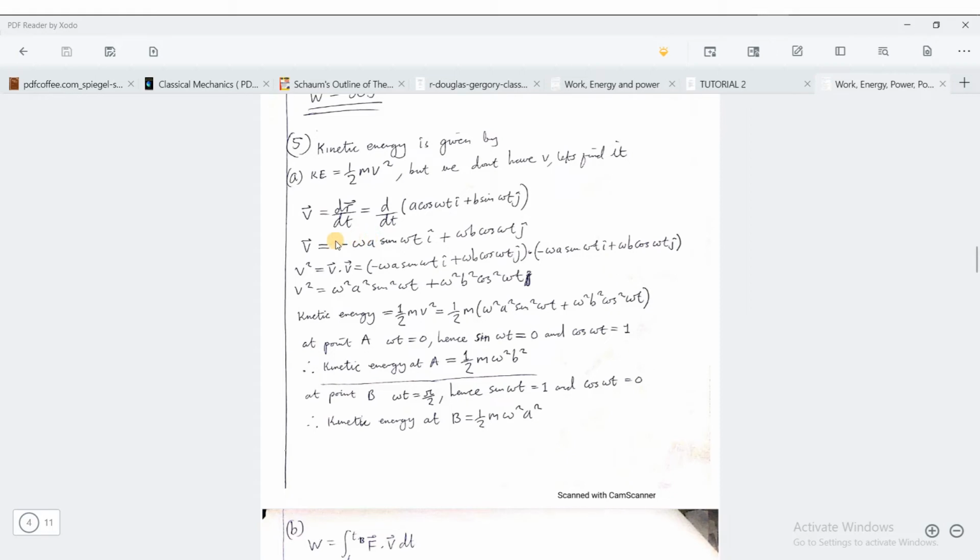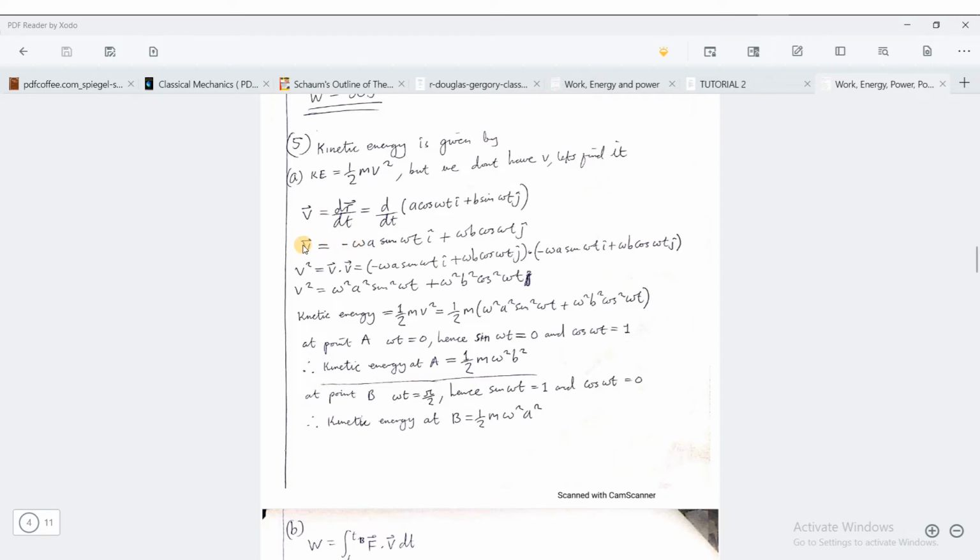Now what we have found as v is a vector, right? But now we want to convert it to a scalar, which is just v without an arrow on top. For that, we have to take the dot product of these two vectors.